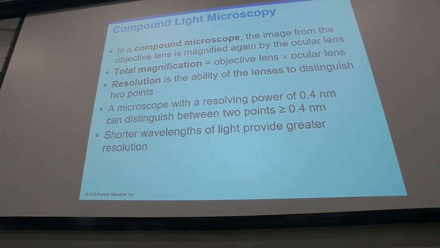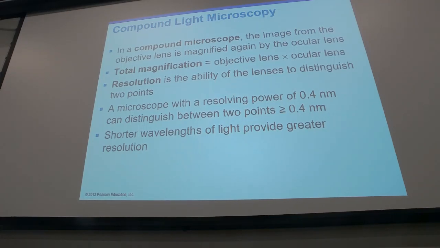So, total magnification in microscopy, in the case, of course, of light microscopy, is obtained by multiplying the magnification given by the objective lens times the ocular lens. And again, the term resolution means how easily a lens can distinguish between 2 different points.